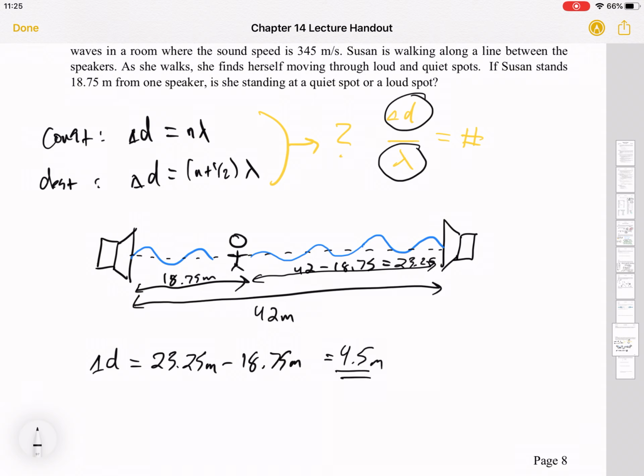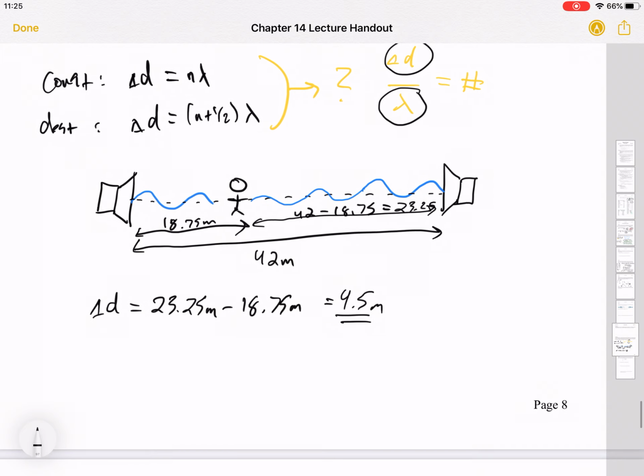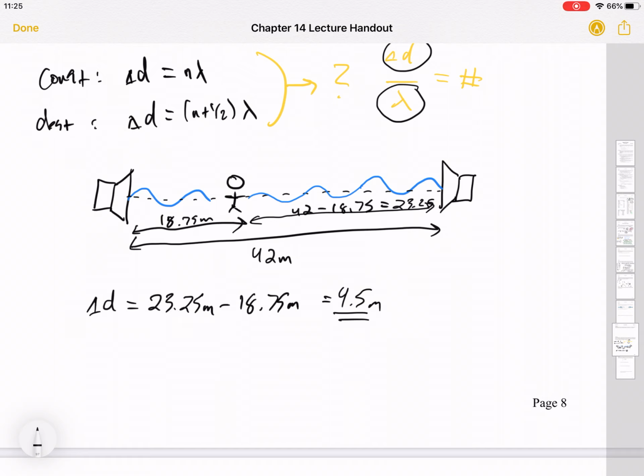Okay. So what's the wavelength? And this is confusing. It's like, oh, 4.5 meters, well, then it must be destructive. No, we just found delta D. We need to divide that by the wavelength to see how many wavelengths fit into that. So what is the wavelength? Well, I'm given a frequency, and I know that lambda times f is v.